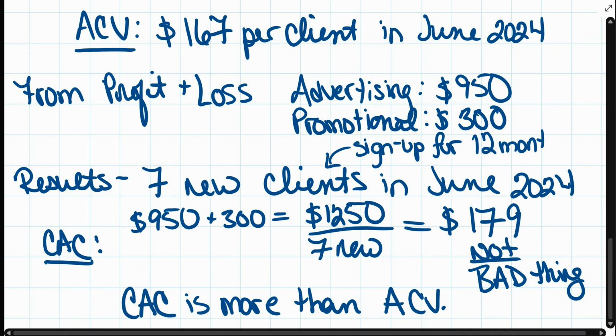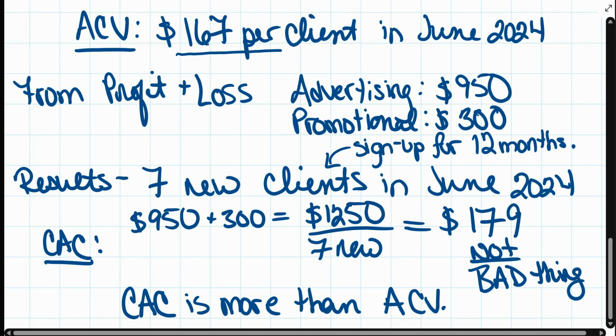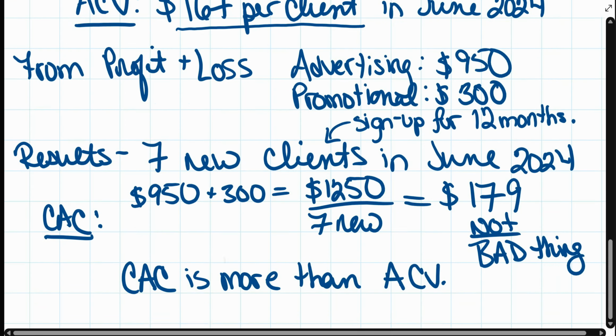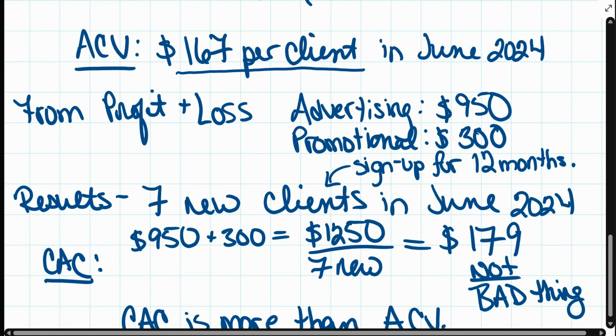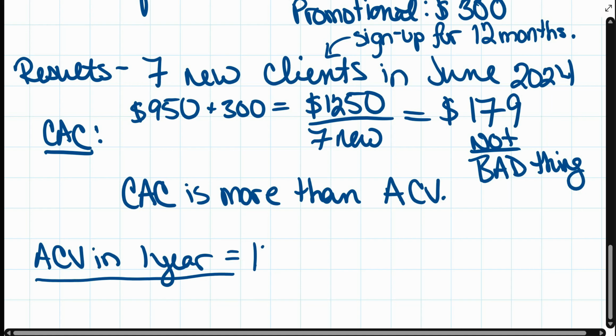So when it comes to calculating some of these metrics, you may see that the first month costs a little bit more to get them. But if we're looking at an average client value of $167, that's each month. So an average client value in 1 year can be modeled by 167 times 12.